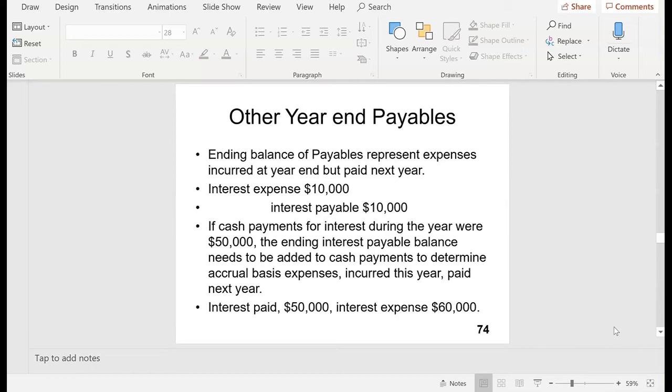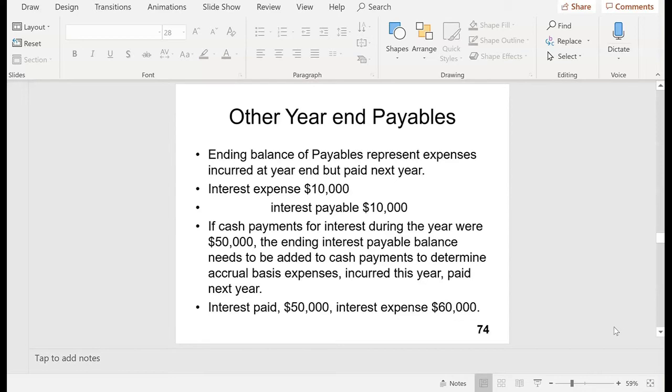So if cash payments for interest during the year were $50,000, then the ending interest payable balance of $10,000 needs to be added to cash payments for interest to determine accrual basis interest expense. Even though it was incurred this year, it's going to be paid next year, but we have to include it because this represents the passage of time for interest, right?